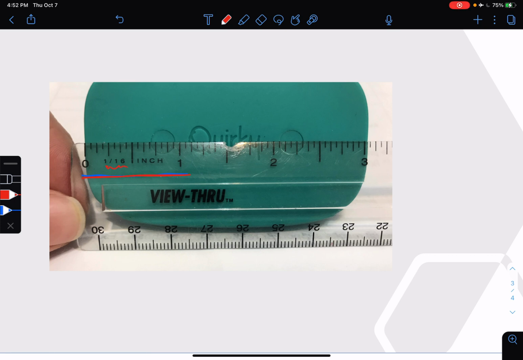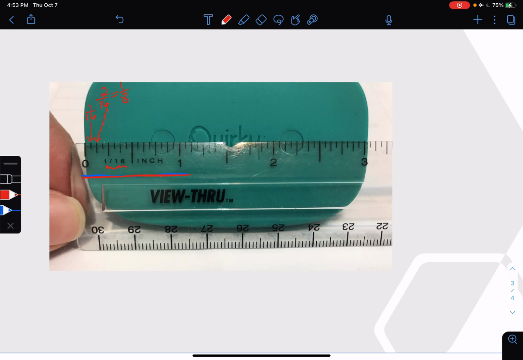It tells you 1/16. Now, if you have 16ths, you're going to have more dashes or more increments than if you have 8ths, okay? So we have 0, and then we have 1/16, and then the next one is 2/16, which is the same thing as what? As 1/8 if we reduce it, okay?